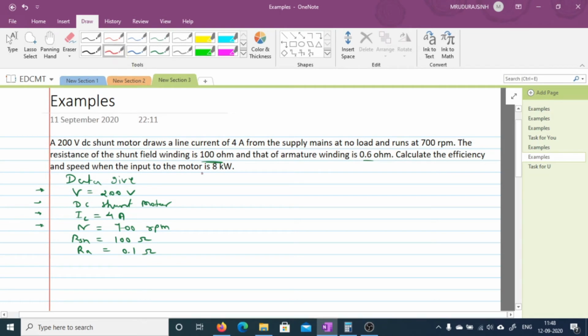So now we need to write the data to find: efficiency and speed when the input to the motor is 8 kilowatt. So this much data is given to us.